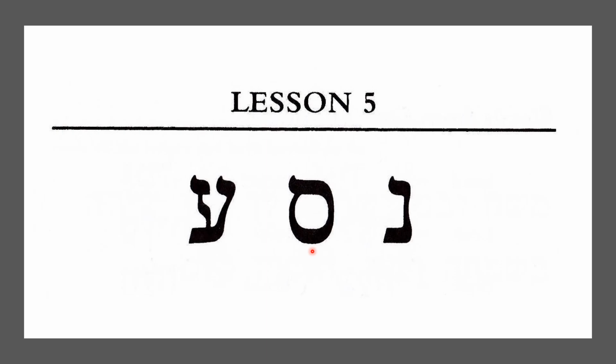And then the next letter is the samech. The samech is a circle. If you can see that, a circle, if you put a face in here, 2 eyes, a nose, and the mouth is smiling. It's a smiley circle. So there's another way to remember the S sound.